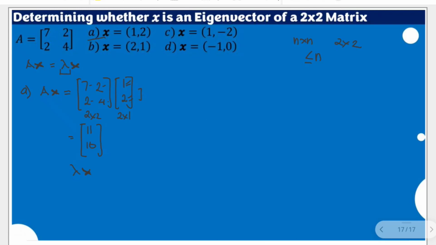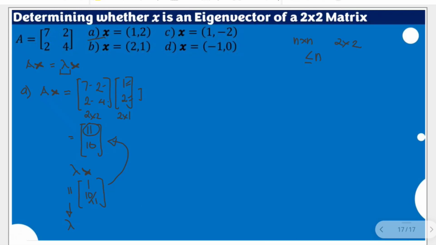Using the first entry to make this 1, we can actually factor out 11. If you factor out 11, you have 1, and what happens to your 10 is actually 10 elevenths, because once you return to multiplying that, you will get 11 and 10. So this is your lambda, which is yet to be identified as an eigenvalue.